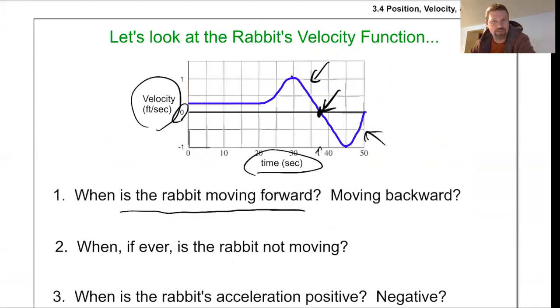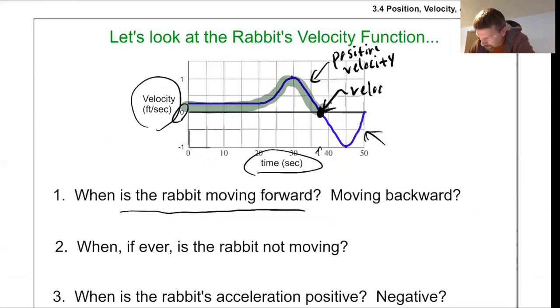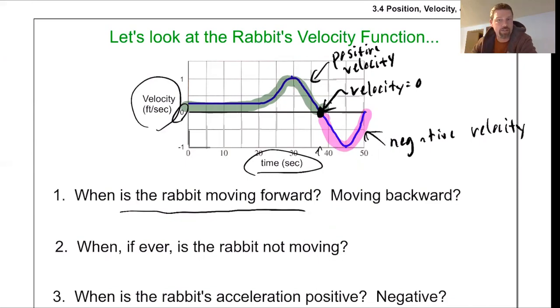That's when my velocity is 0, right? So I'm going to highlight all that area. That's a positive velocity because it's above the x-axis. Right here, that's when my velocity equals 0. And then down here, those are all negative velocities because they're all negative values, right?